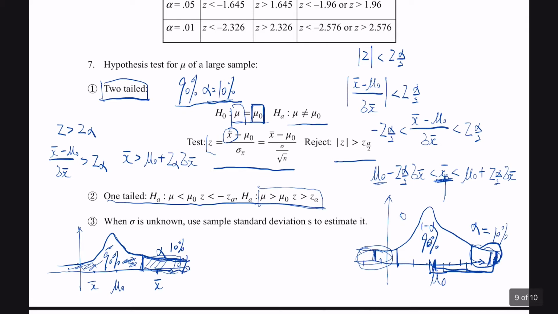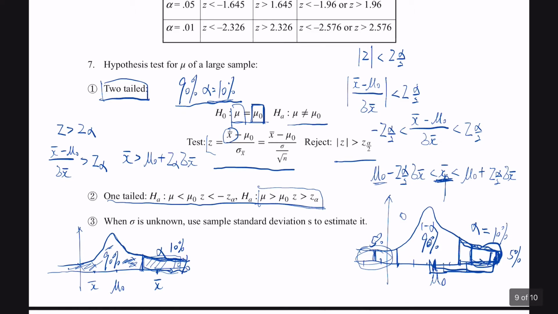But here you assign 5% here and 5% here. This is 5%. And if you want to get 10% in one tail, you need to move your z-score back a little bit so that you can have 10%.